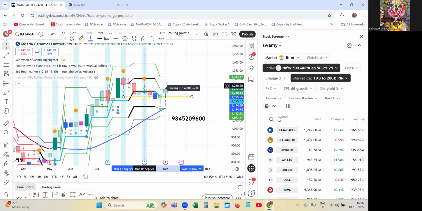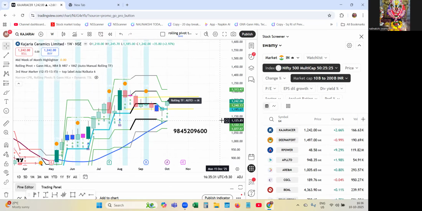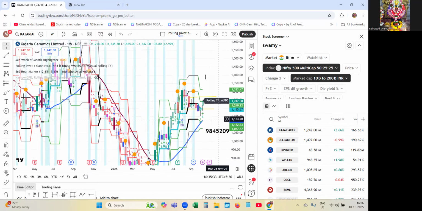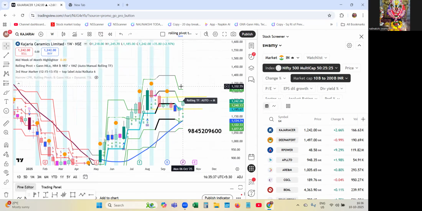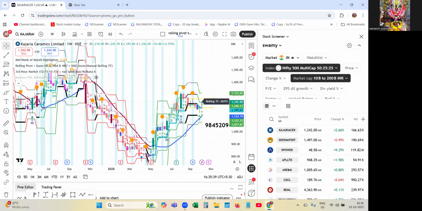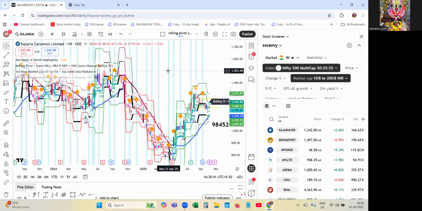And this is another indicator, mid-week of the month highlighter. So from here, if it starts moving higher, I will have a very good swing movement in the stock. I can expect a swing movement either to 1400 or 1000. It can even go up to 1500. You can keep it up to this 1500.